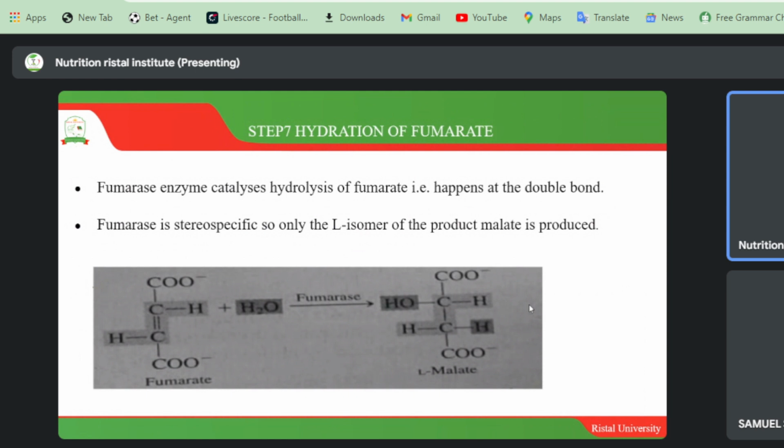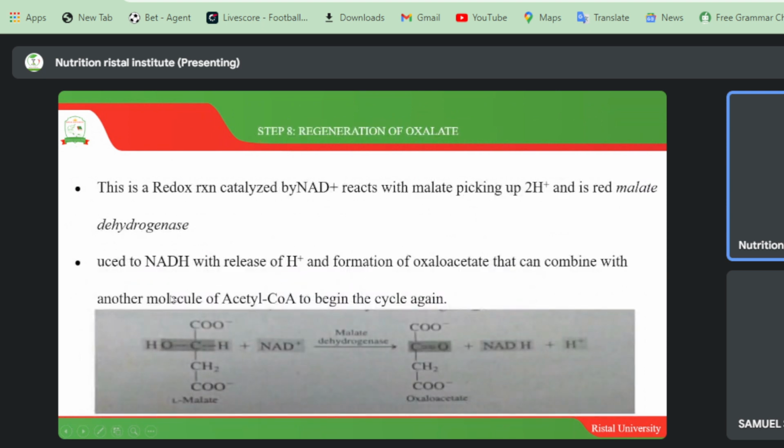We have a double bond there, on the left hand side where there's fumarate. It is stereospecific, so only the L isomer of this product, malate, is produced. So on addition of water, you only form the L-malate.